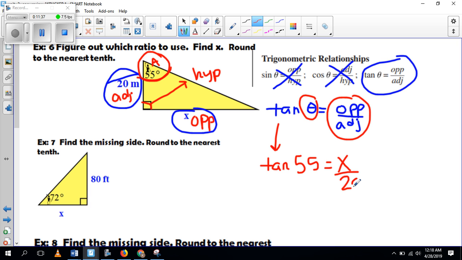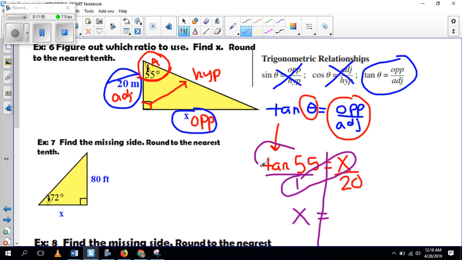So remember what we do next. We put tan of 55 over 1. We crisscross. So we have x over here on this side because we crisscross, equals, make sure you get the whole thing, tan of 55 times 20.